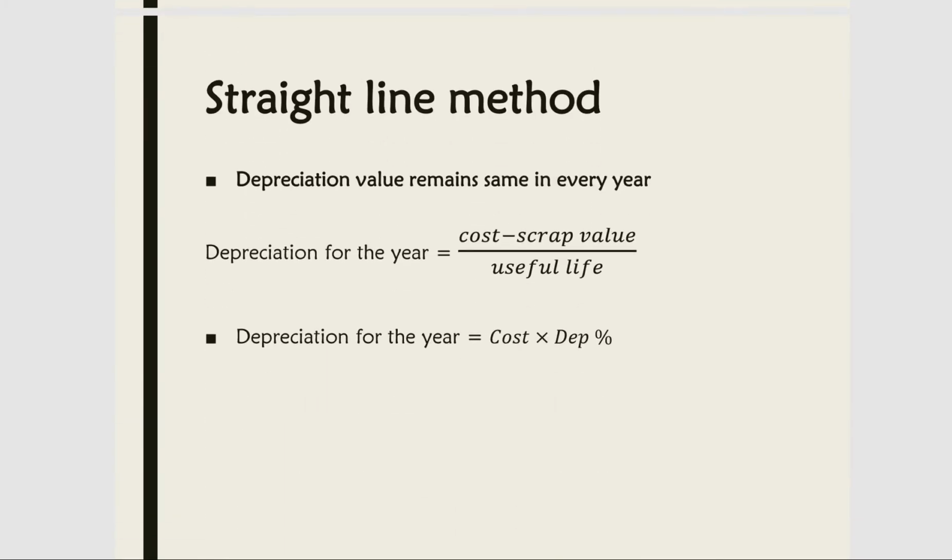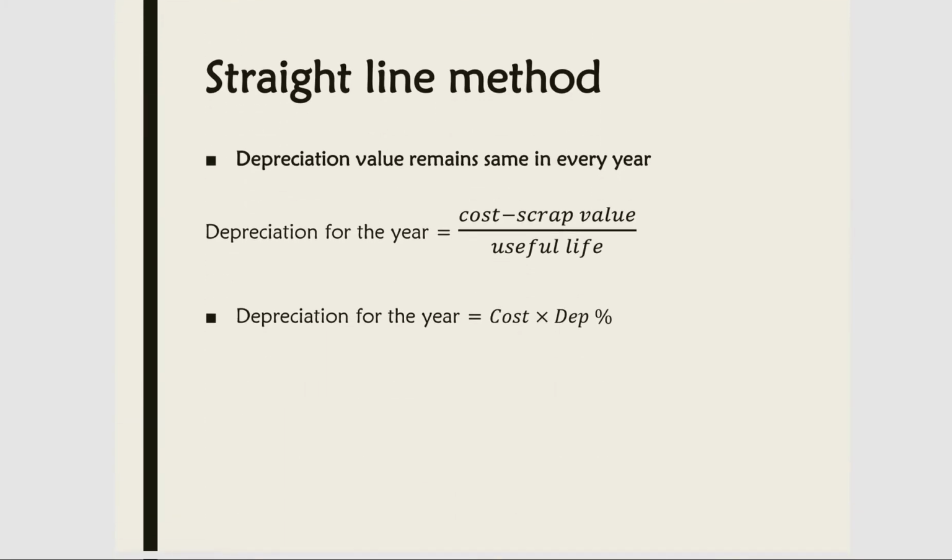Now, in the straight line method, we undertake the simplest way to spread out the total cost of the asset throughout its useful life. In this method, the amount of depreciation remains the same every year.